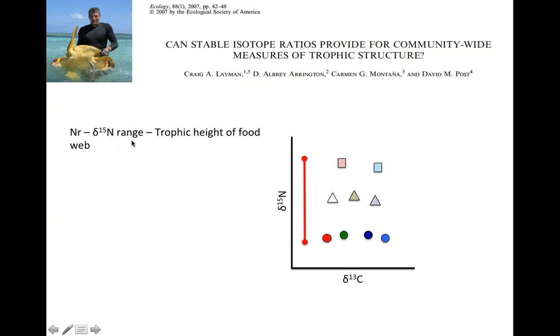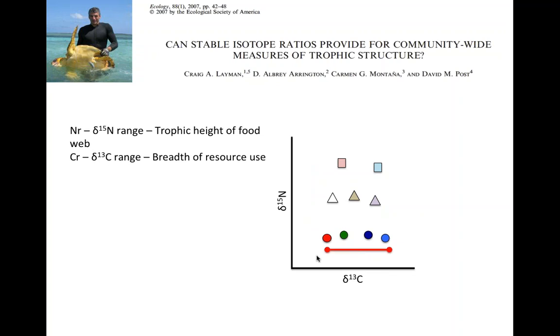The first of these is NR, which is the 15N range, and that's basically the difference between the highest and lowest value of the food web in delta 15N. So that's giving you the full range of values. The CR, the delta 13C range, is the difference between the highest and the lowest delta 13C values.